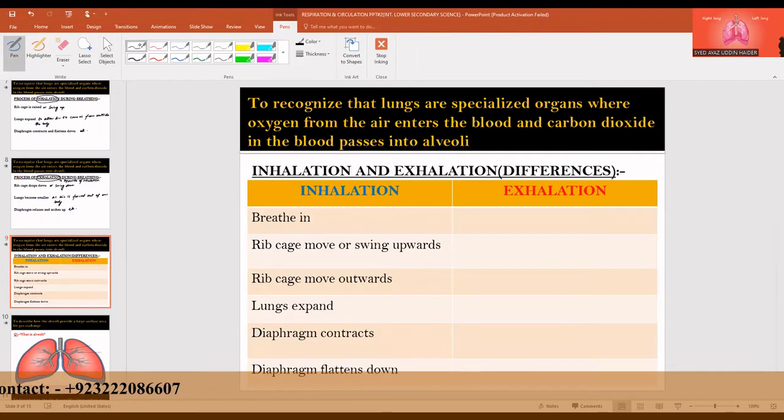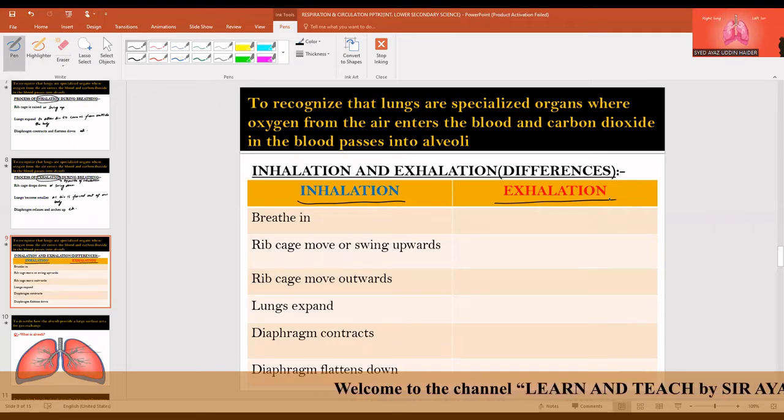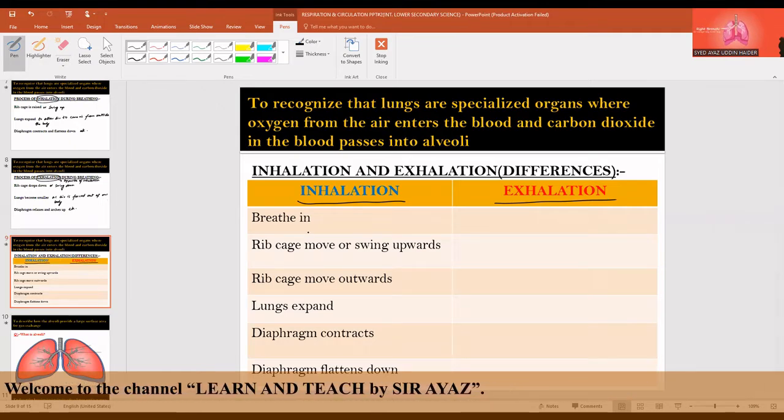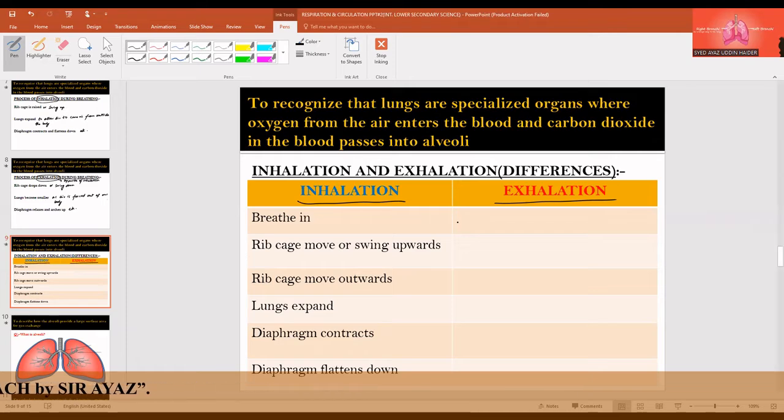You can easily jot down or write down some main differences between inhalation and exhalation. As I have already explained that exhalation is opposite to inhalation, then you can write in the exhalation column. In inhalation, it's breathe in, so exhalation, breathe out.